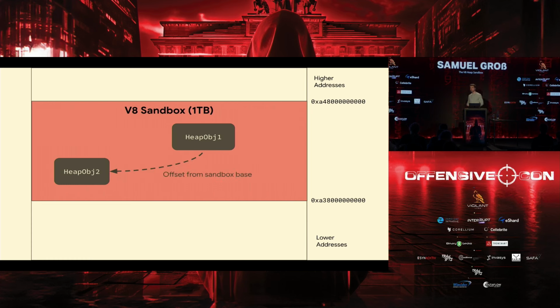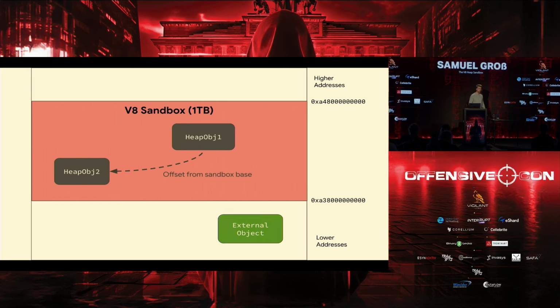So instead, we turn all of these references into offsets. What used to be a 64-bit pointer is now, in this case, a 40-bit offset from the base of the sandbox. Now, if the attacker corrupts this offset, they haven't really gained anything. They can corrupt this offset as much as they want, and they still cannot address outside of this 1 terabyte. So that's, in short, the idea.